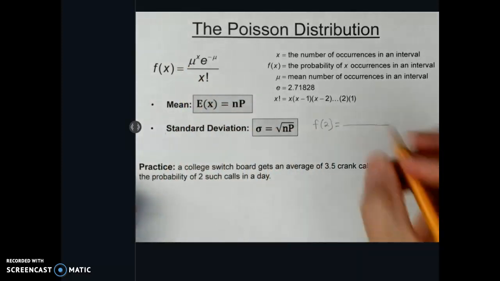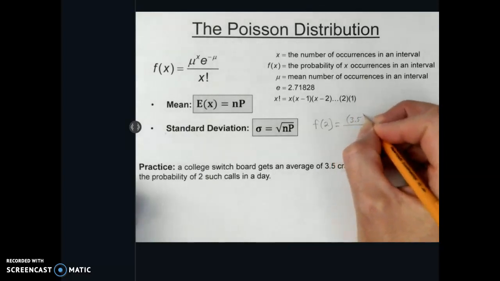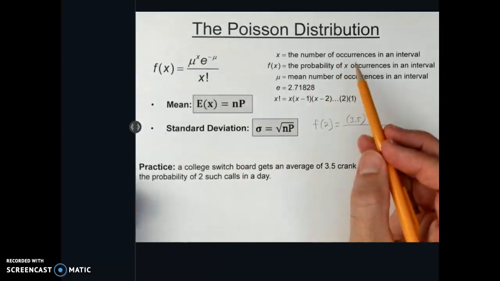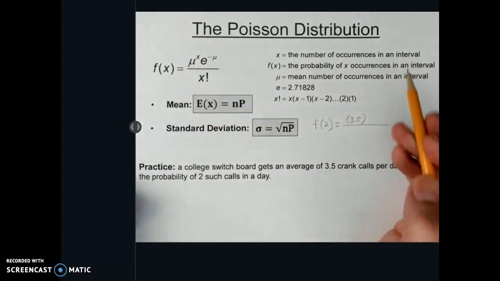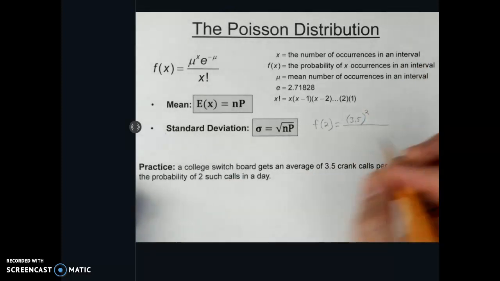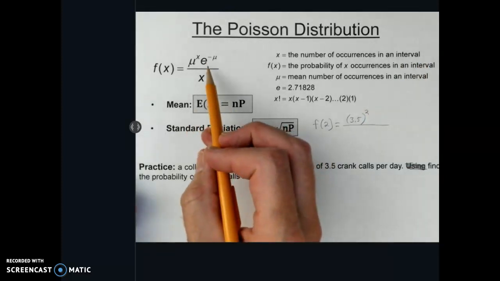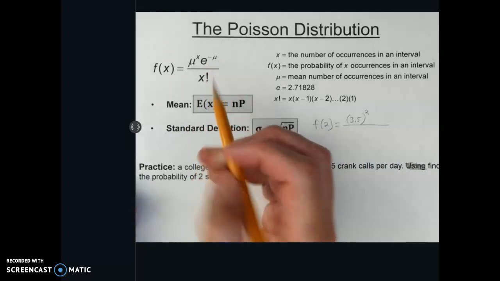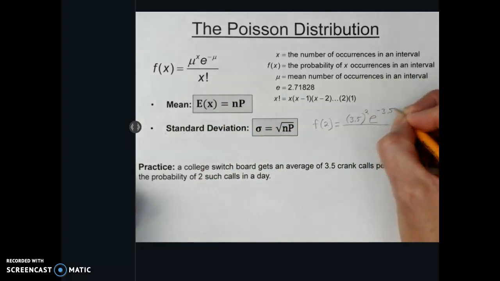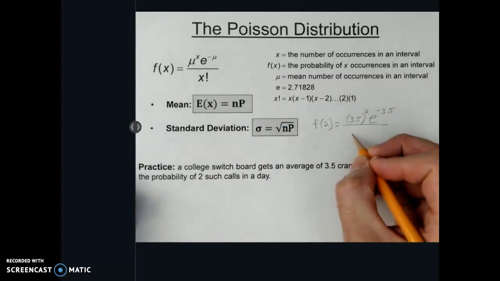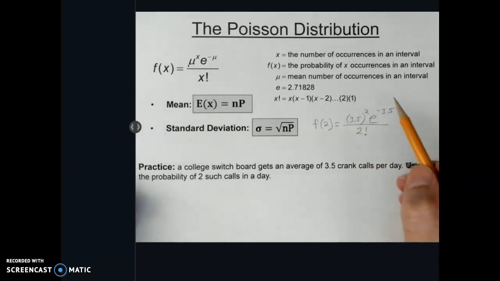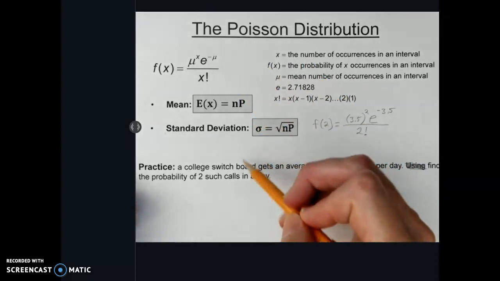The mean is the average, so we put 3.5, and we're going to take that to an exponent of x. Well, x is the number of occurrences in an interval. So x in this case is going to be 2. And we're going to multiply that by base e to the negative mean. So we'll just keep e there and put negative 3.5. And then we're going to divide that whole thing by 2 factorial, okay? Because again, x is 2.